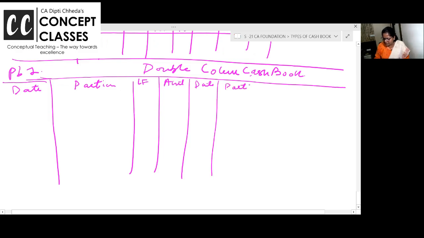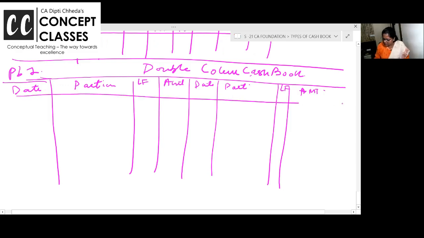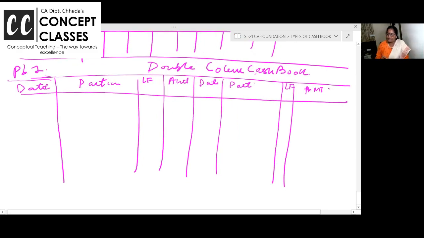Date, particulars, ledger folio and amount. ठीक है? Right. 1st of January, opening cash. Opening balance of cash is 1700. Okay, this amount column is cash.